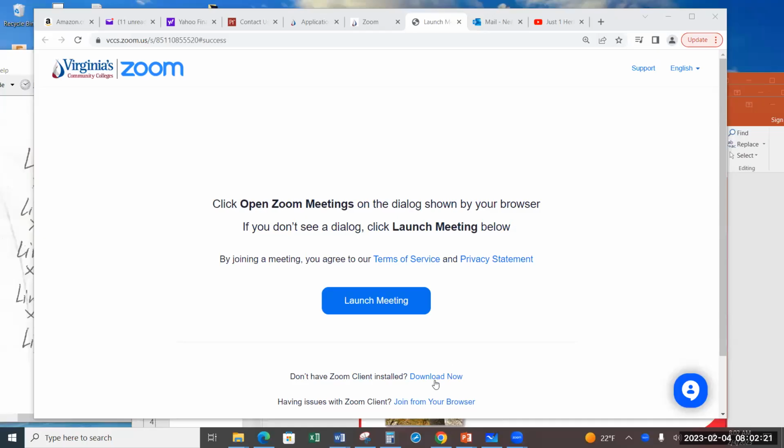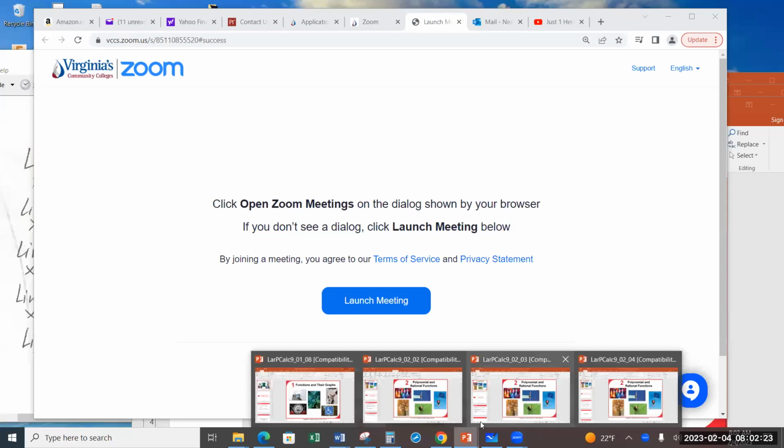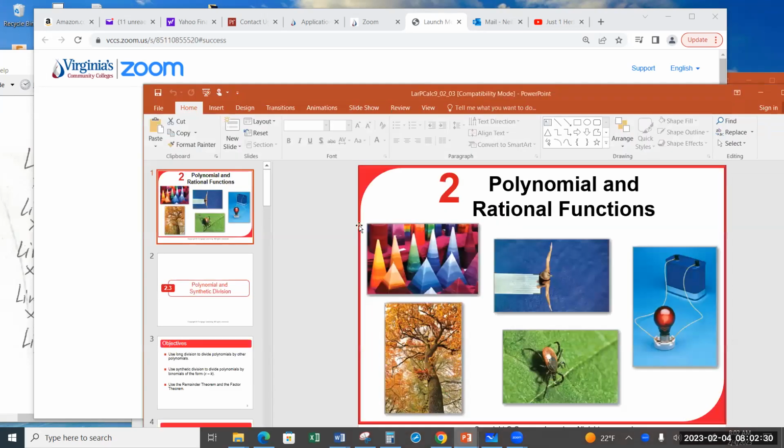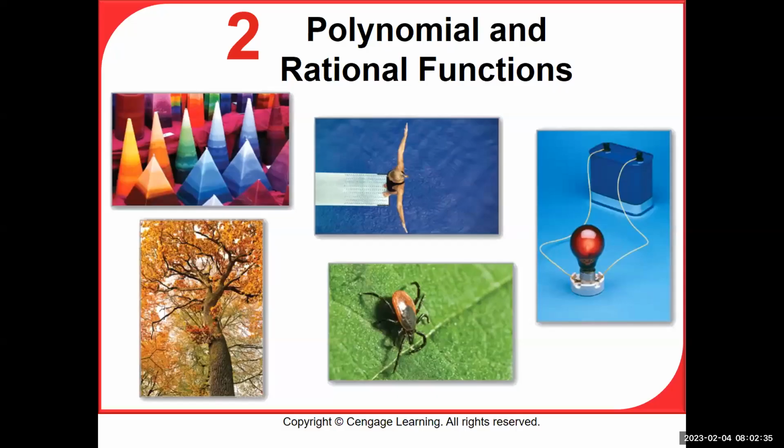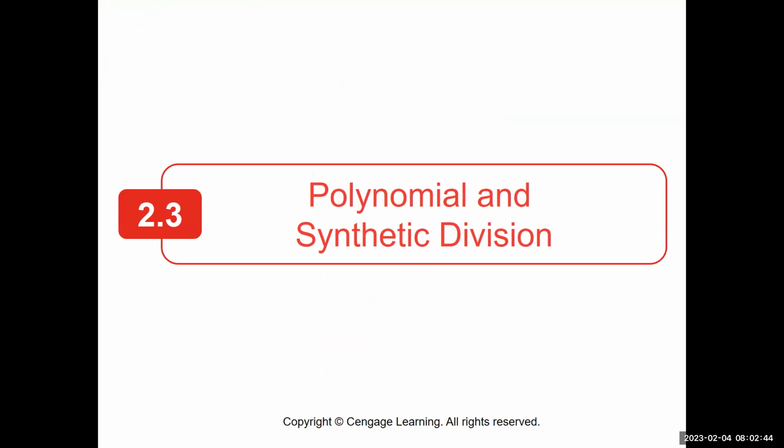Precalculus Chapter 2, Section 3. Polynomial.